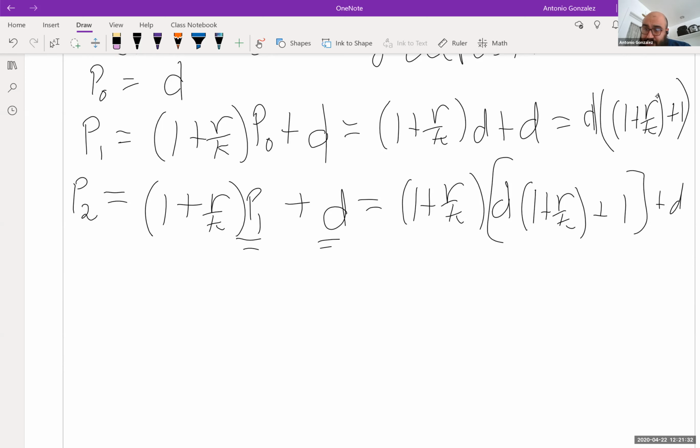I jumped ahead of myself. The P1 should get replaced by this. I forgot to set a parentheses there. This is just the process, the thinking of the equation, so I'm slowing down for you. We're going to get to the result in a minute. Bear with me here.